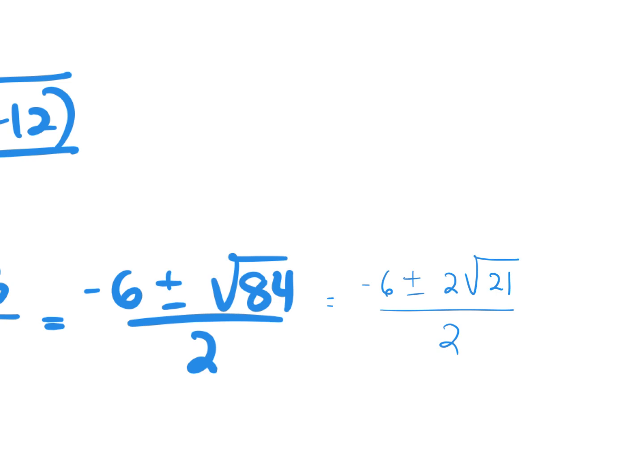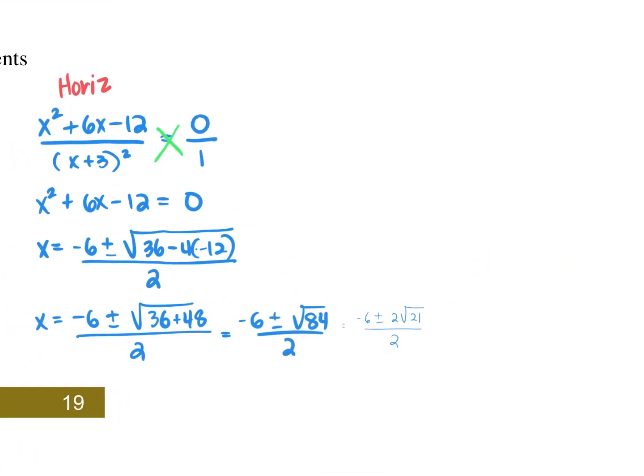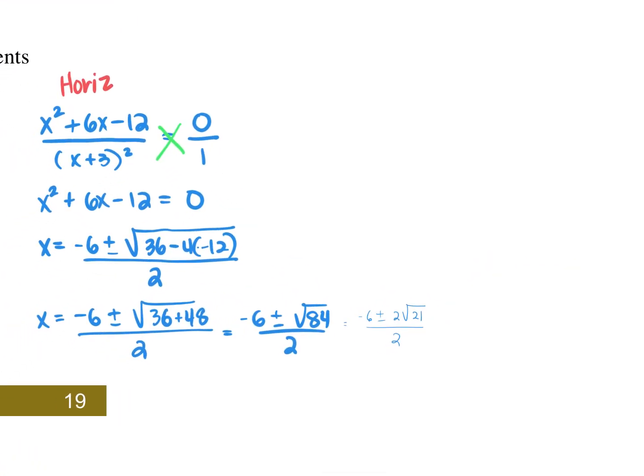Okay, now, how are we going to tackle the vertical? So x squared plus 6x minus 12 over x plus 3 squared equals plus or minus infinity. Well, if I wrote 0 as a fraction, how do I write infinity as a fraction?